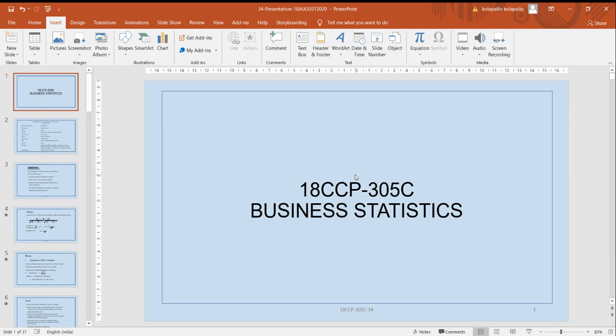So in this lesson, we will see how the repeated ranks come and which formula we have to use, the procedure for calculating the correlation.